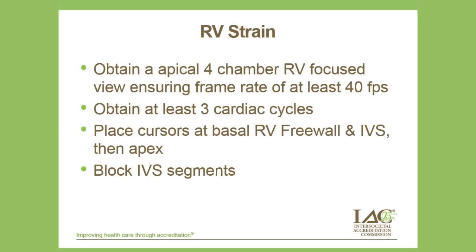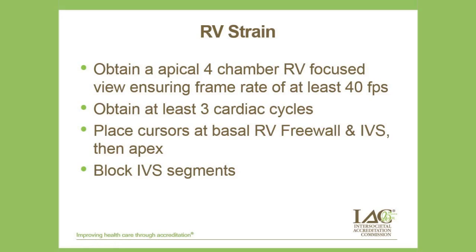How we're going to do our right ventricular strain is we're going to obtain an apical 4-chamber RV focus view. We're going to ensure that our frame rate is adequate for our machine, and we're going to contain at least 3 cardiac cycles.